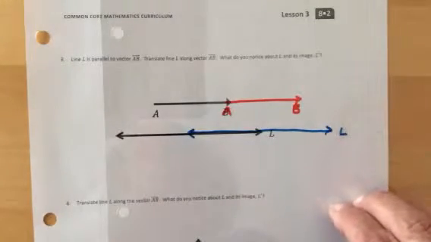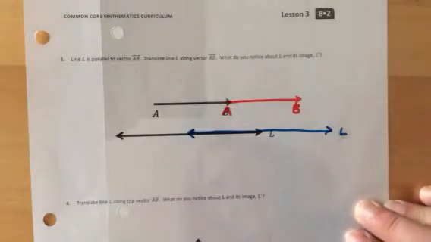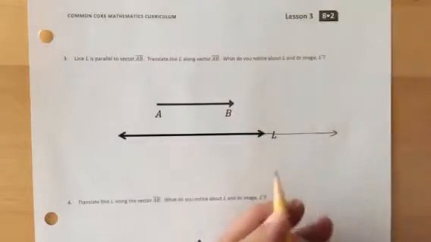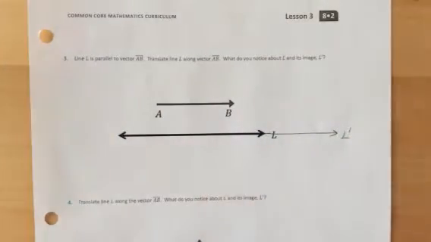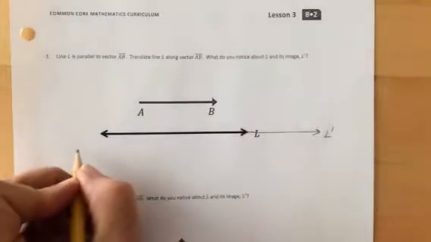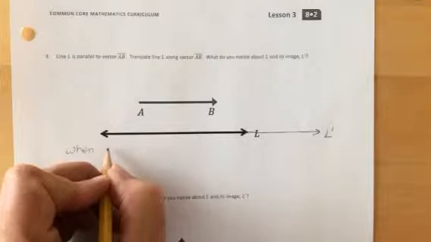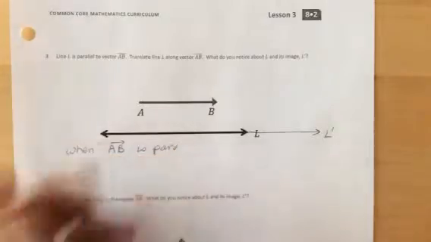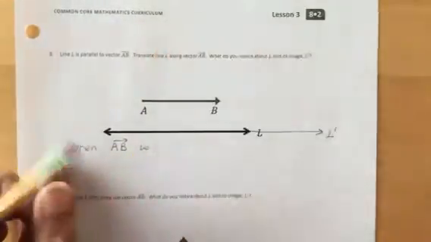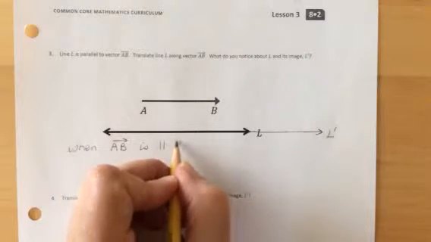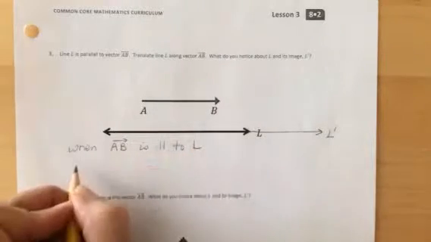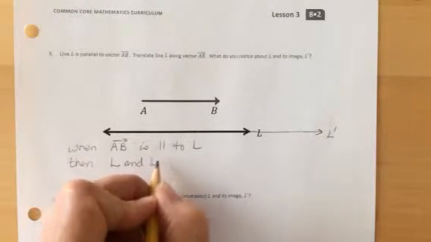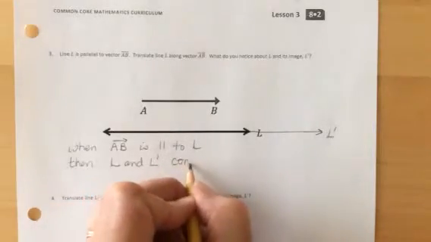So what we see here is that I'm going to trace my line here. So here I have like so, and there's L prime. So when the vector that I'm translating along is parallel, well, I'm going to use the symbol for parallel, is parallel to my line, then L and its image, L prime, also coincide.